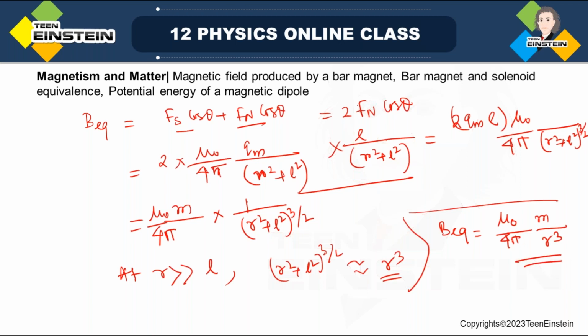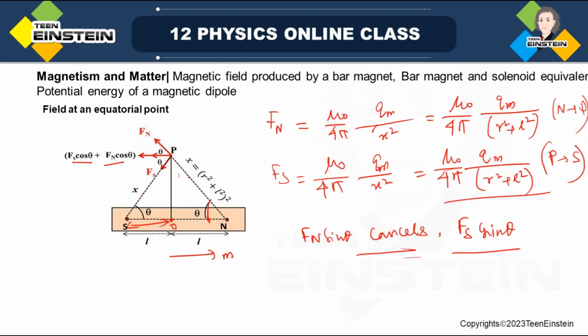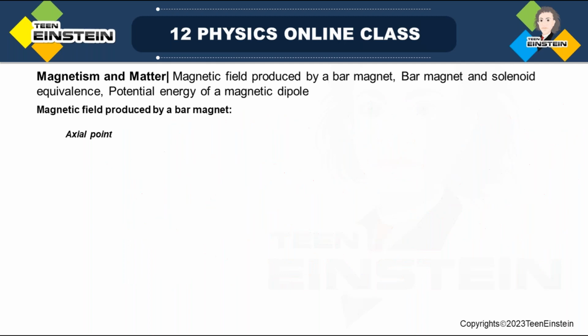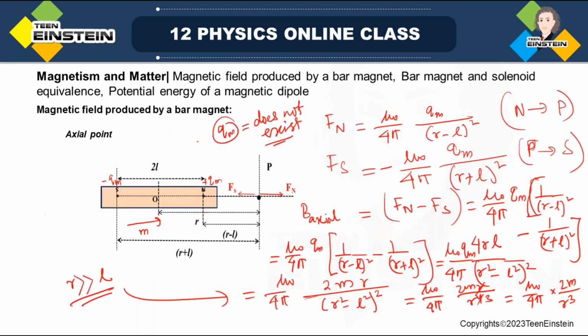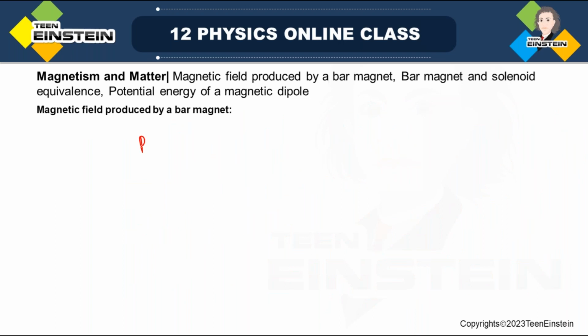So you can see, in the axial magnetic field, what we have seen, B axial was mu 0 by 4 pi, 2m divided by r cube.